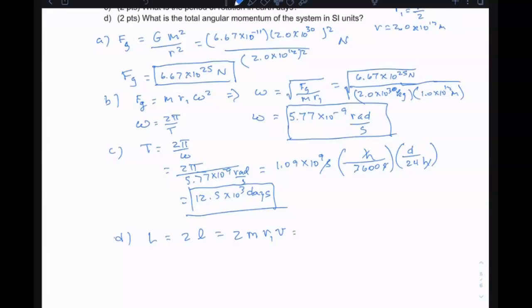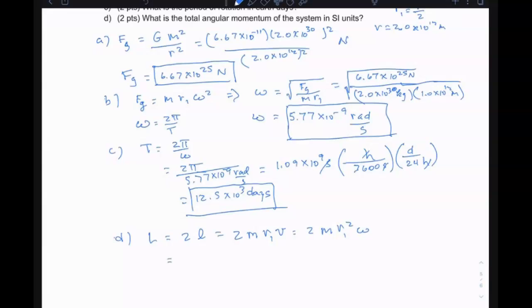Since the tangential velocity is equal to r times omega, this is equal to 2 times the mass times r1 squared times omega, which we've already calculated in part B.